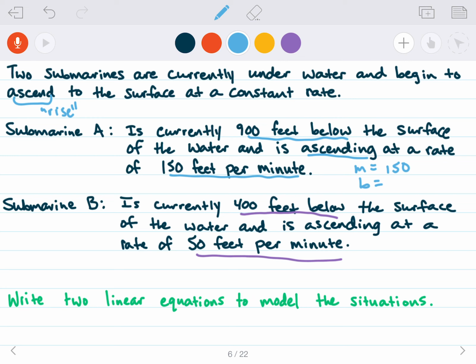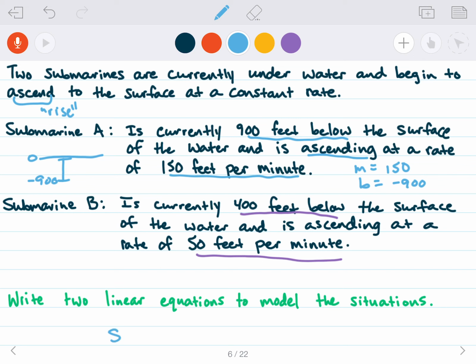Well, if you imagine the surface of the water is at 0, and we go 900 feet below, this is going to be negative 900, not 900. If we were 900 feet above the surface, it'd be positive 900. But since we're below, I'm going to say that our y-intercept is negative 900.